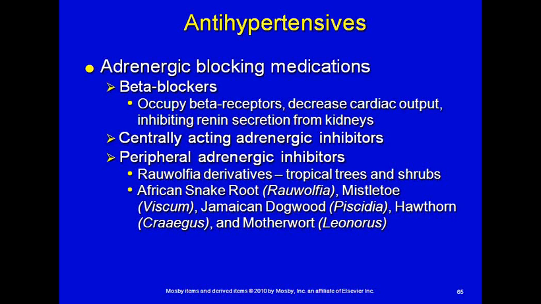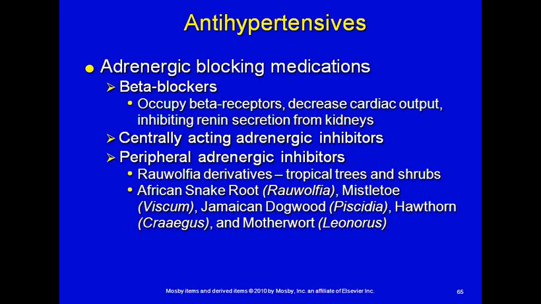medications that help dilate vessels out here in the periphery, and most of those, as you see, are medications not sold through a pharmacy, but more through a GNC or a health store, where they are derived from tropical trees and shrubs.